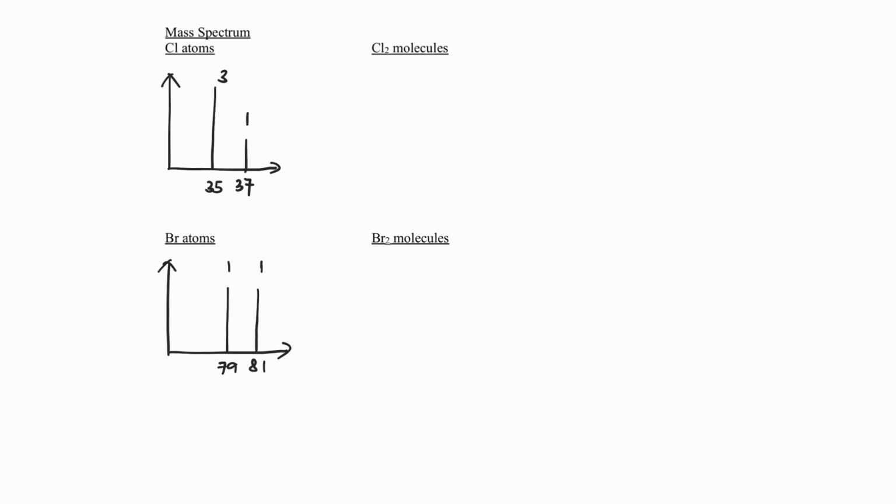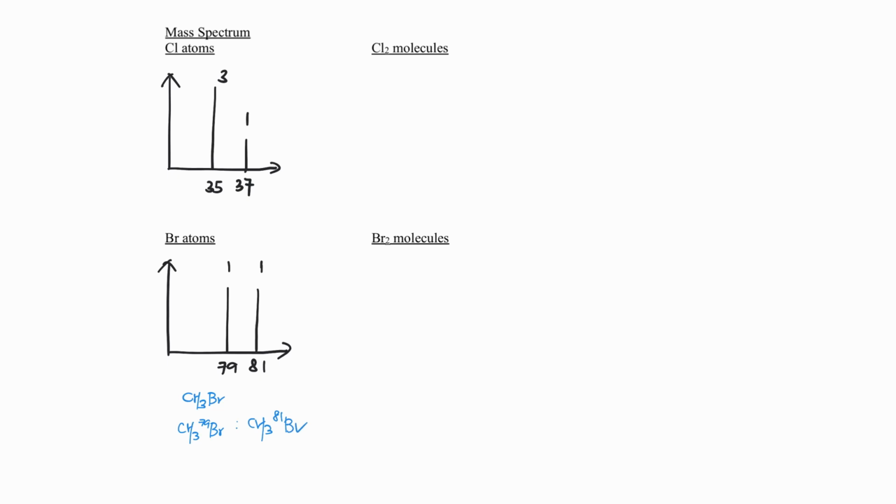What if we have a molecule that consists of one bromine atom, for example CH3Br. We could have CH3 with 79 Br, and we can have CH3 with 81 Br.